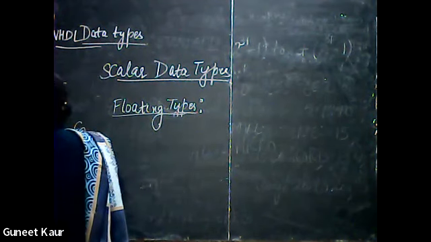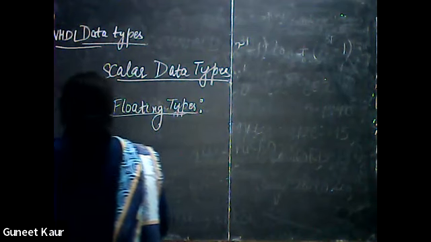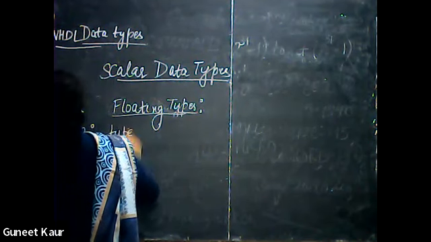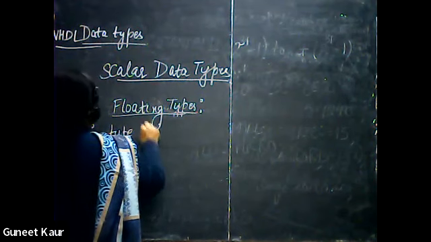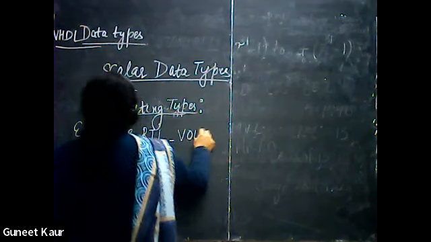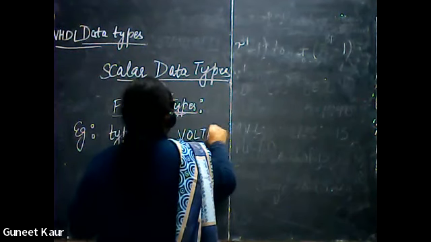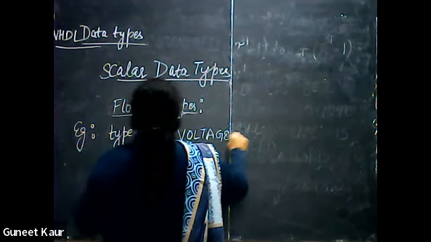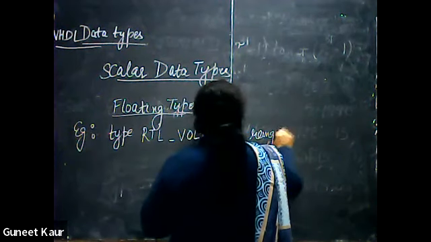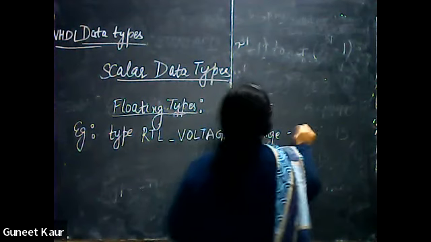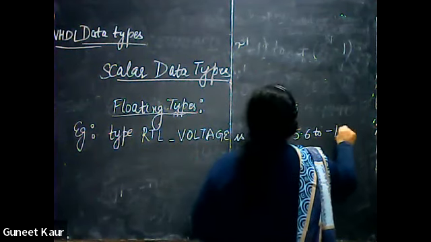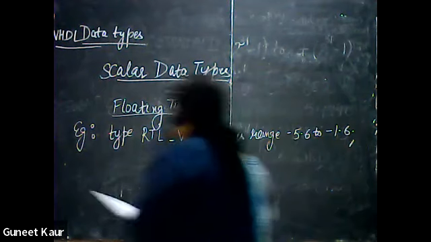I will also explain this with the help of examples. Type RTL underscore voltage is range minus 5.6 to minus 1.6 semicolon.